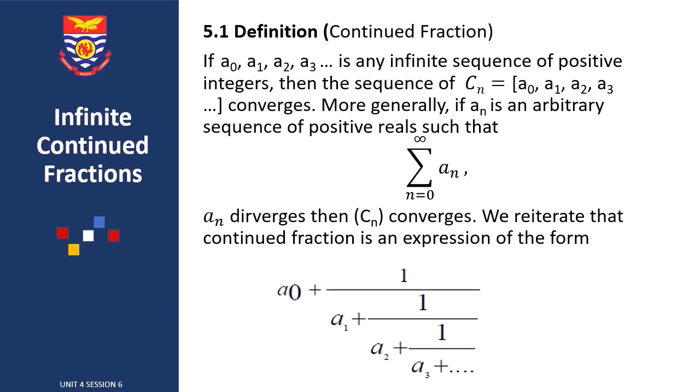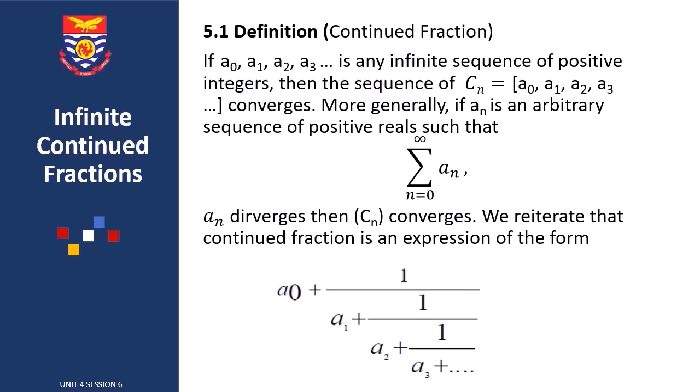Definition of a continued fraction. In this session, we will not assume that ai is an integer and ai is greater than 0 for i greater than 1, and the expression may go on indefinitely. If a0 up to a3 is any infinite sequence of positive integers, then the sequence of Cn converges.